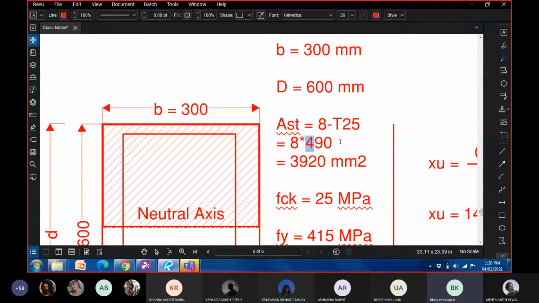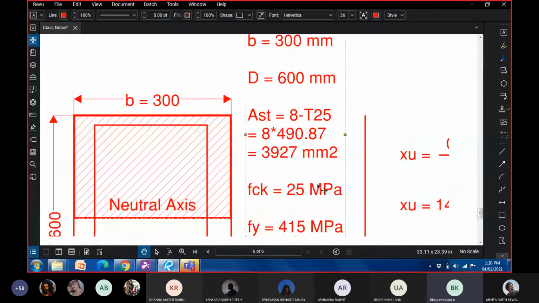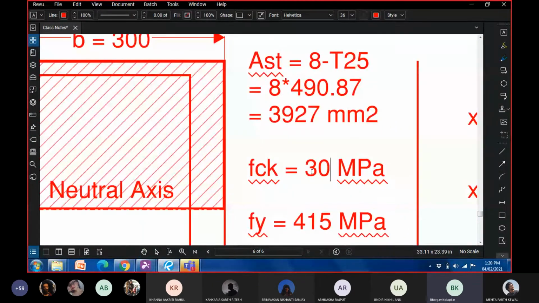Or if you want an exact value, you could just write an exact value here. So pi by 4 into 25 square is 490.87, and then times 8 is 3927. So this is Ast. Then the grade of concrete is 30, the grade of steel is 550.